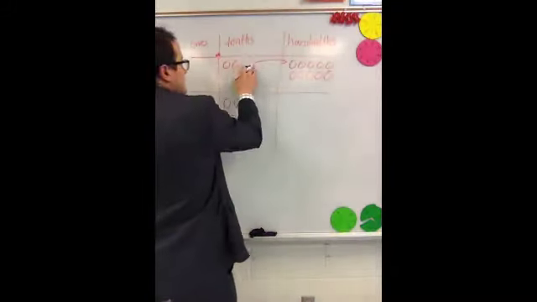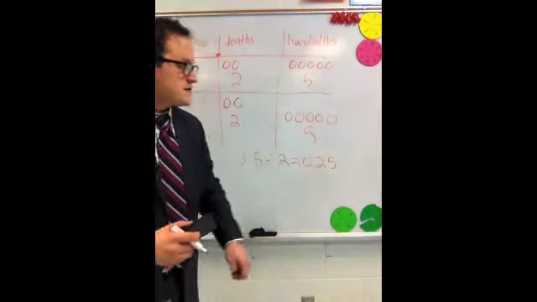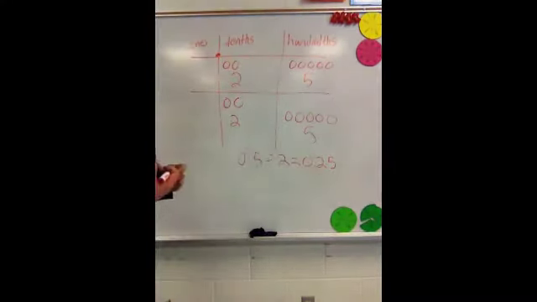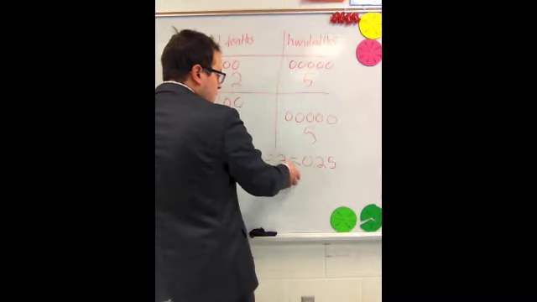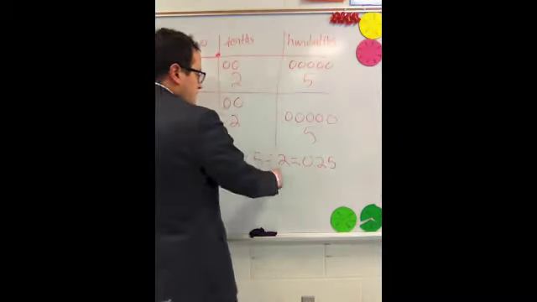Or 5 tenths divided by 2 equals 25 hundredths. And this makes sense because if we multiply our 2 right here by our quotient, we'll get our dividend. 2 quarters is 50 cents. 2 times 25 hundredths is 50 hundredths, and 50 hundredths is equal to 5 tenths.